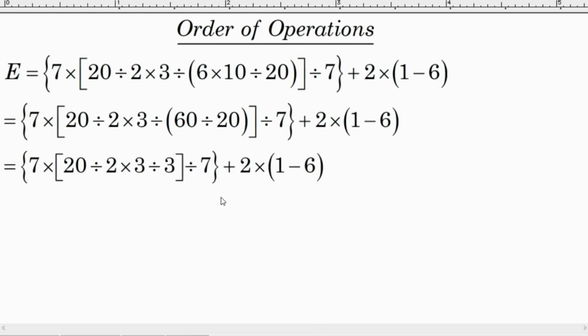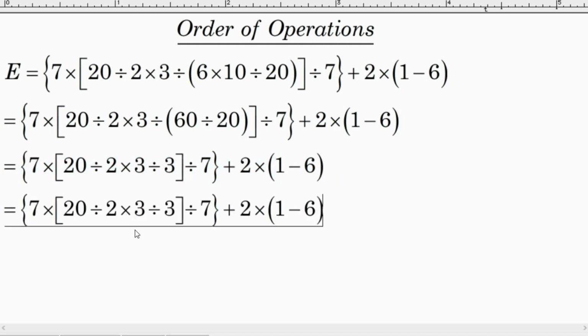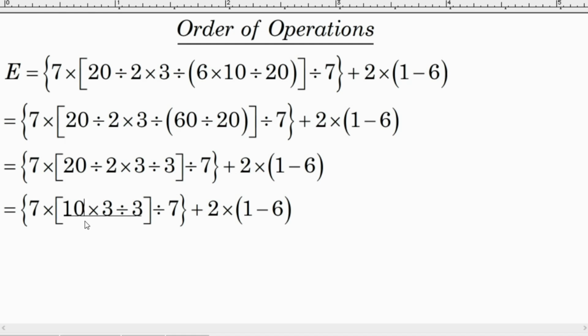All right, so again we need to solve the number in the bracket here. I will keep copying the whole thing again. So now we need to solve the number in the bracket here. 20 divided by 2 will be equal to 10. Then next, copy again.